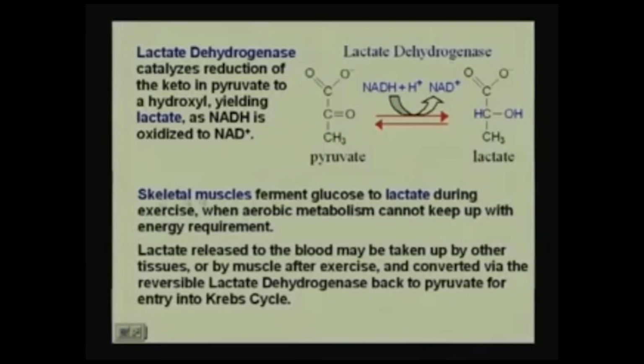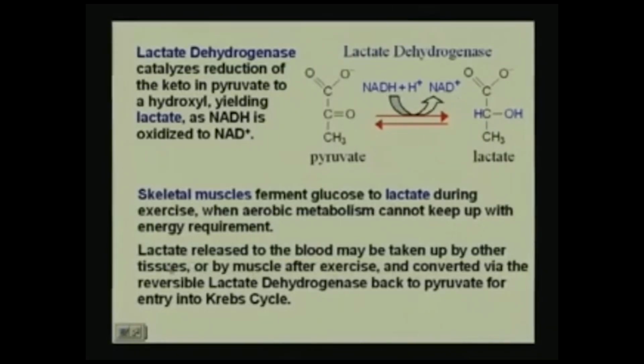Now, for example, this is what happens in skeletal muscles that ferment glucose to lactate during exercise when aerobic metabolism cannot keep up with the energy requirement. So there is a reduction of the keto in the pyruvate, okay, and this reduction will eventually do what? Oxidize NADH to NAD+, okay.